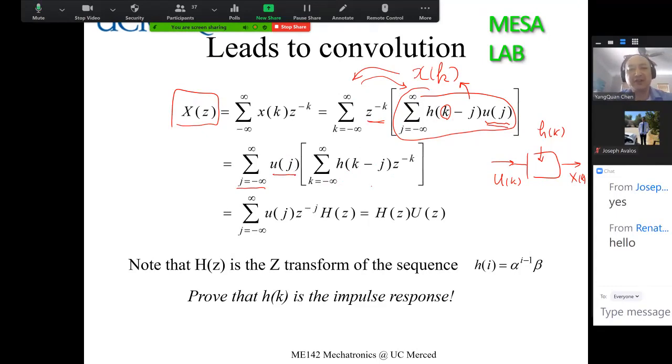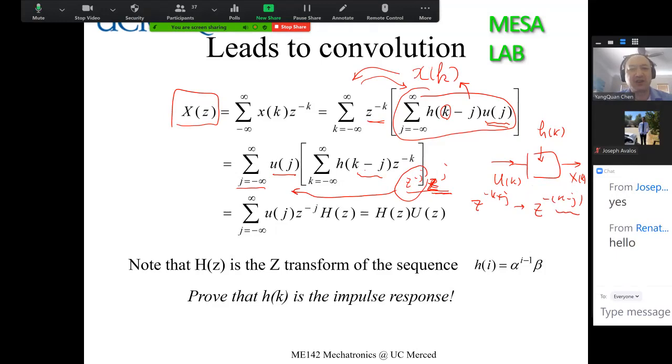By doing that, we discover there is a k minus j. If I do z minus j and z j, this is 1, so this one gets out of here because it has nothing to do with k. We keep this one left, so it will be z to the minus k plus j, which is also z to the minus (k minus j).